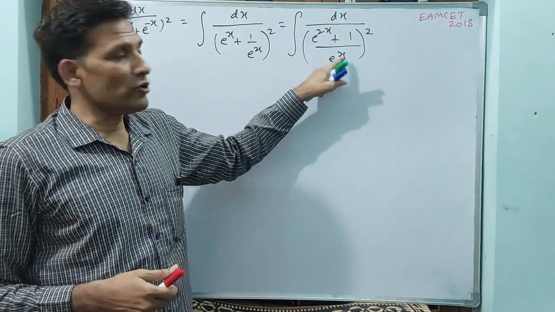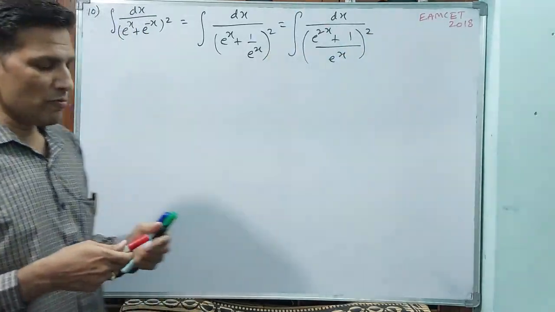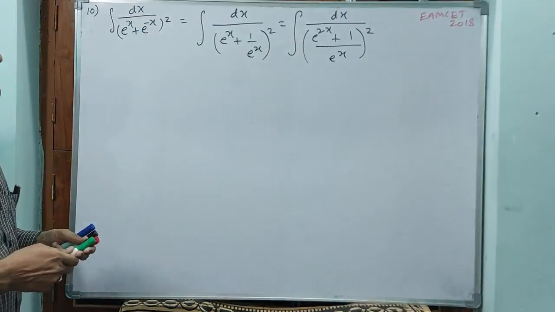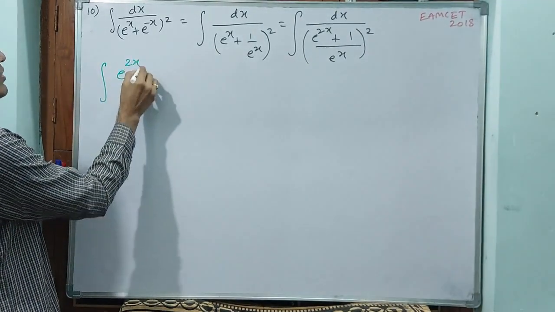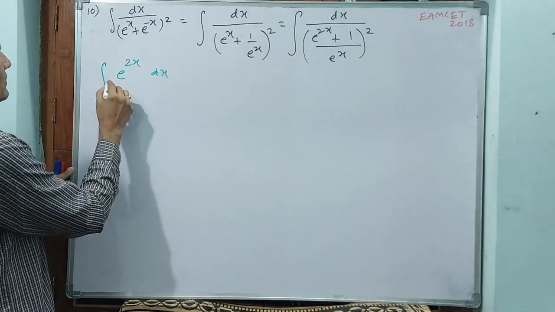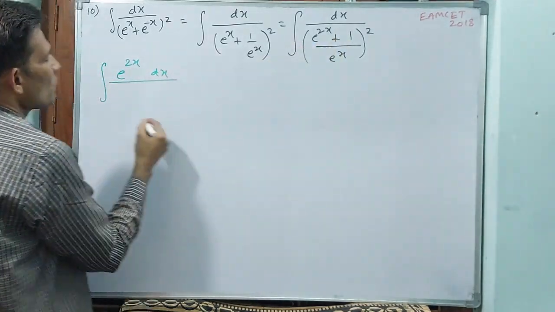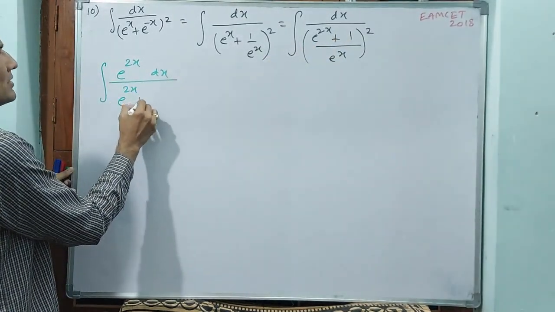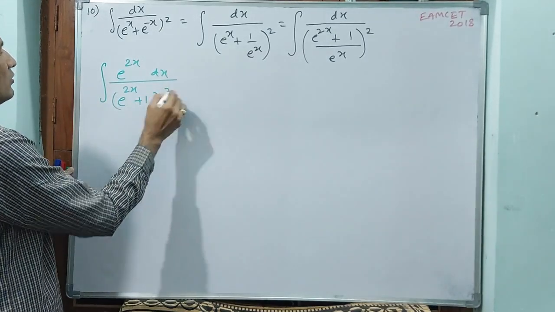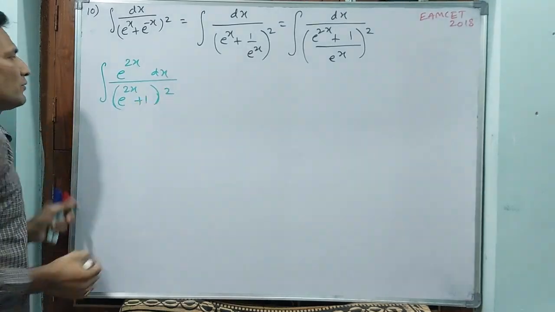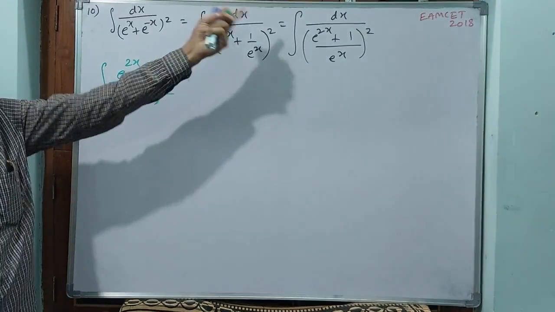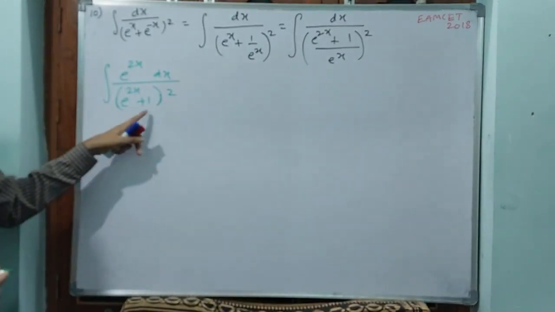E power 2x, this denominator is going to become numerator. Write down. Integral e power 2x dx divided by (e power 2x plus 1) whole square. Okay, like this we keep.